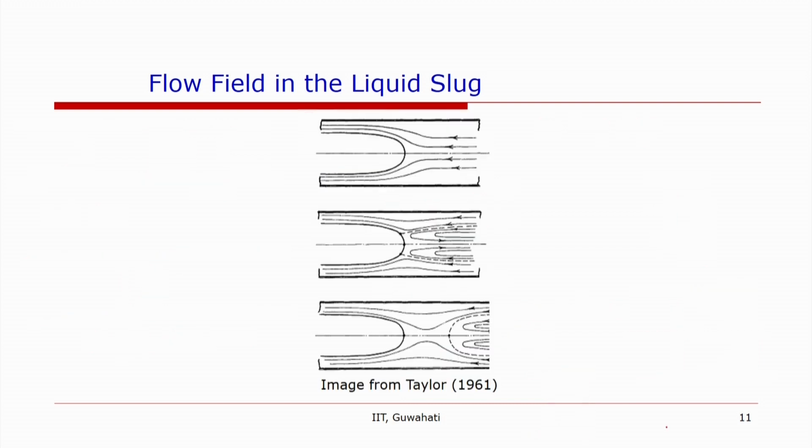So Taylor, in his paper on the film thickness in the capillaries, also drew 3 different profiles, and this was for when UB is greater than twice the average velocity or mean velocity, and these two were for UB less than 2 UTP.